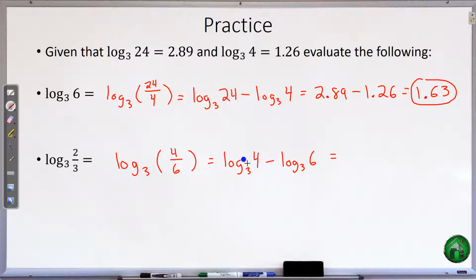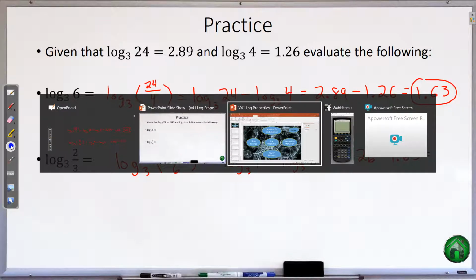And this one we know something about. That was given, 1.26 minus, and this one we just found out actually. This was our previous problem, so that is 1.63. So there we found something about that one, and I'm not going to do that one in my head, I suppose.